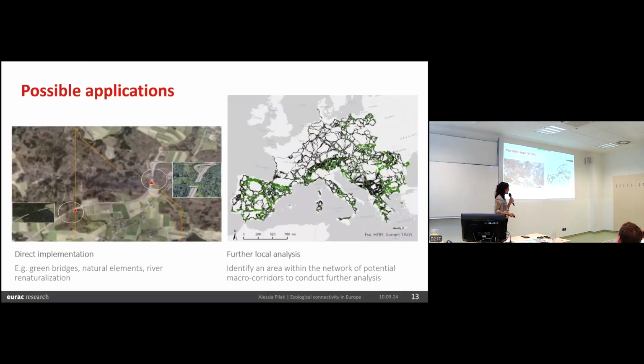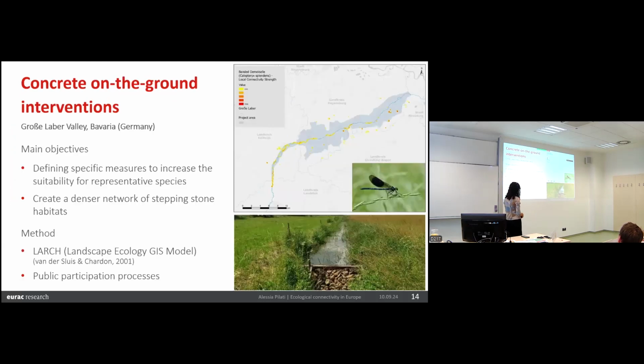Or what we did in the project was to select one part of the network and go more in depth into what's there, who's there, what can be done there. So we carried out some further local analysis in Bavaria, close to a small river, Große Valley, and we selected some representative species of the area and conducted some functional analysis there.